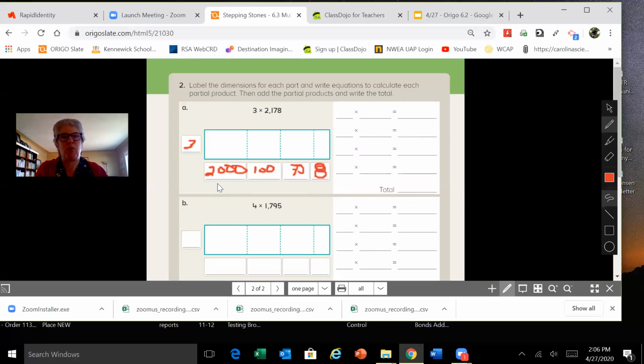And then I'm going to do some multiplying. So 3 times 2,000. It's very hard to do this on the computer. 3 times 2,000 is 6,000 because I know 3 times 2 is 6. And I have to make sure my zeros match up, meaning I've got 3 zeros again over in the factor. So I have to have 3 in my product. 3 times 100 equals 300.